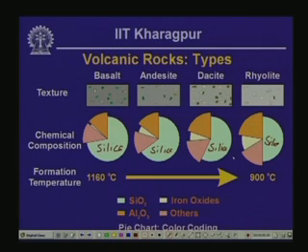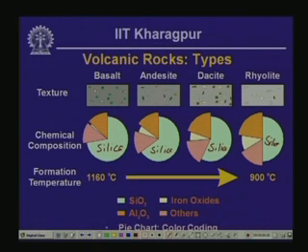You should also realize that silica percentage actually affects the flow characteristics of the magma also quite a bit, and if you increase the silica percentage, then magma tends to be less mobile.